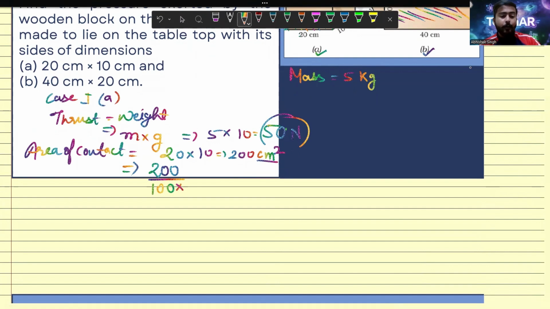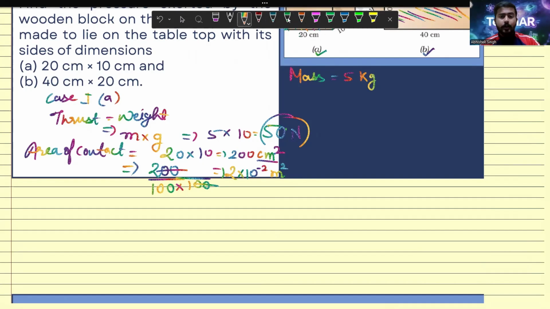So we have to divide it with 10,000. Getting it? You can also write it like this. These two zeros would be cancelled. We can say 2 into 10 to the power minus 2 meter square. So this is the area that we got.